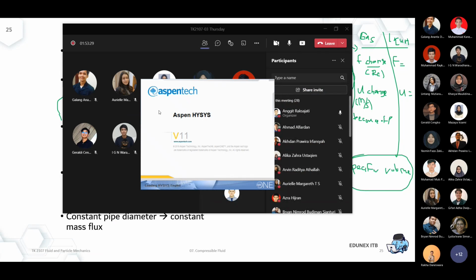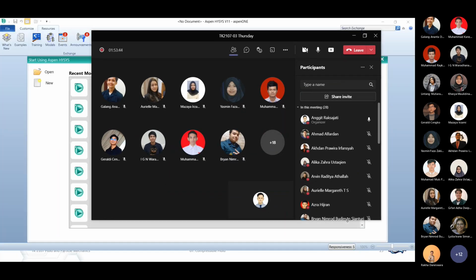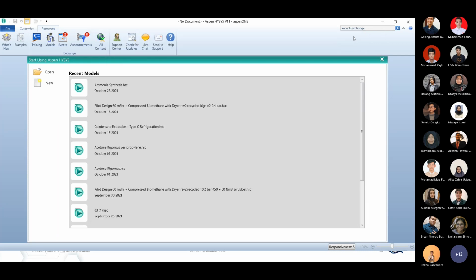That can be used very quickly to calculate pressure drop, pump work, and compressor work. All of them can be calculated quite easily using HYSYS. Because the exam will still be in 2 weeks, we have time, 1 or even 2 hours, to use HYSYS in fluid mechanics.